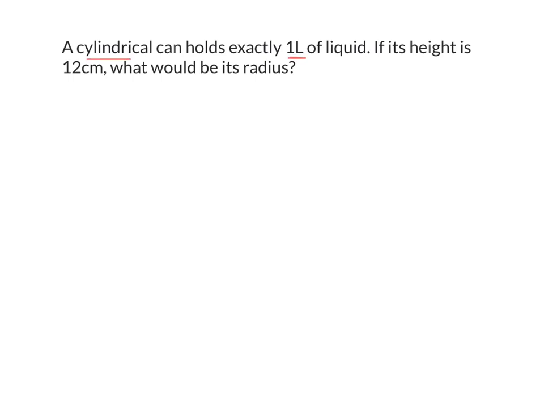We're given information about its capacity, or its volume. So we need to use the formula for volume of a cylinder. A cylinder's like a prism, so volume equals area of base times height. The base of a cylinder is pi r squared because it's a circle. So this here is the formula for the volume of a cylinder.